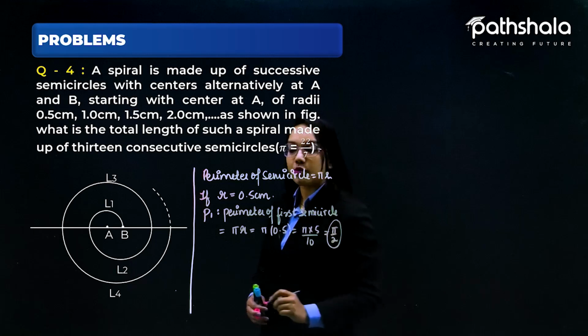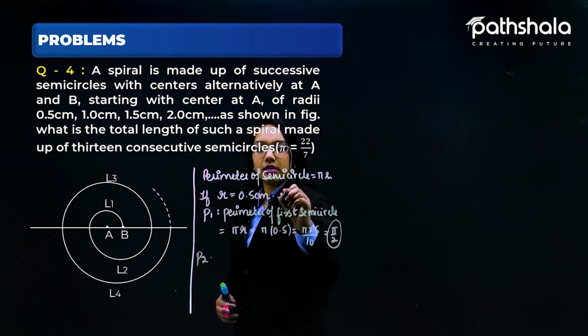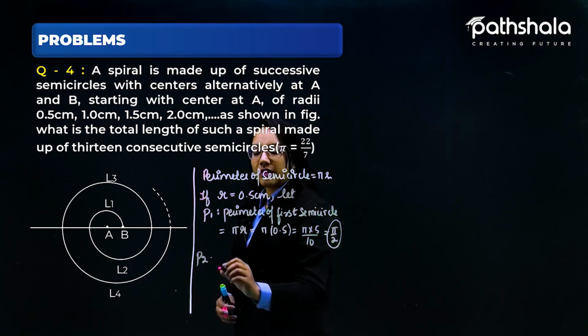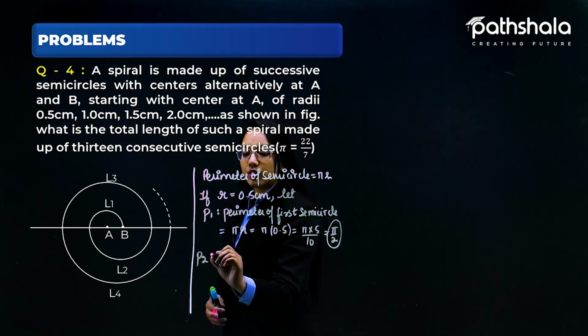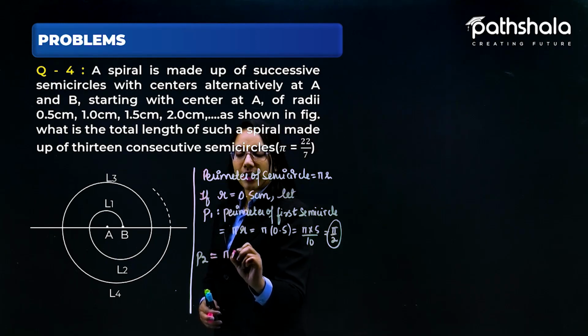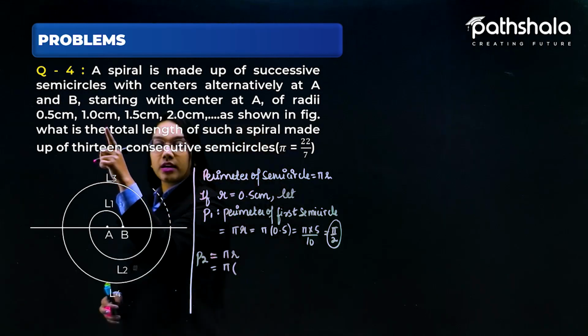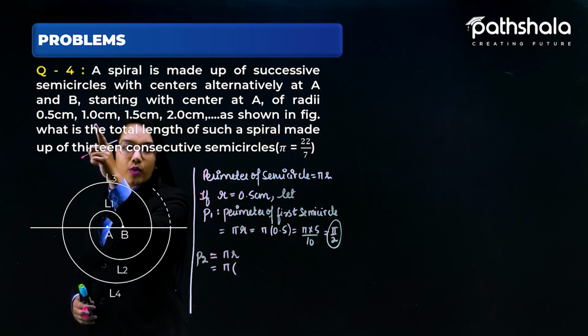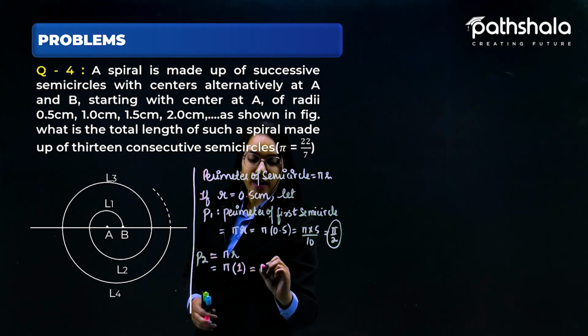So this is my first perimeter. Now let's talk about the second perimeter. P2 means the perimeter of the second semicircle, which is pi r again, and the radius for the second semicircle is 1.0 centimeter. So this is 1, hence this value is pi.